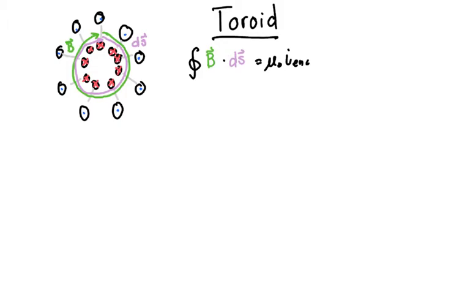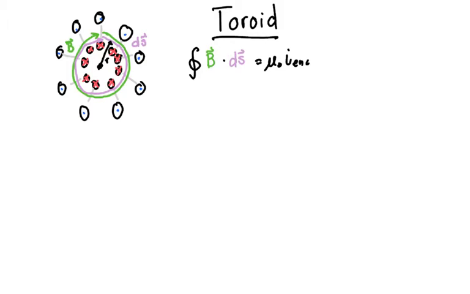Now the Amperian loop I've chosen to take is there in purple. It is in the clockwise direction, and it really doesn't matter where I put it so long as it keeps the same distance r from the center of my donut, or center of the toroid.